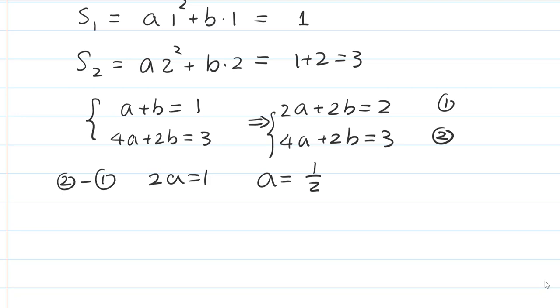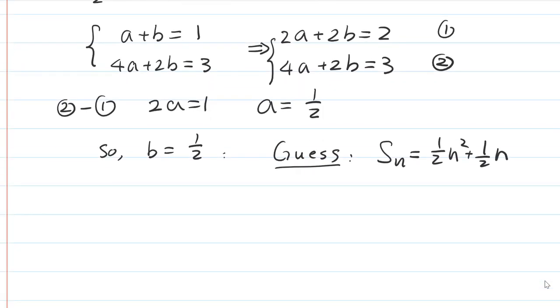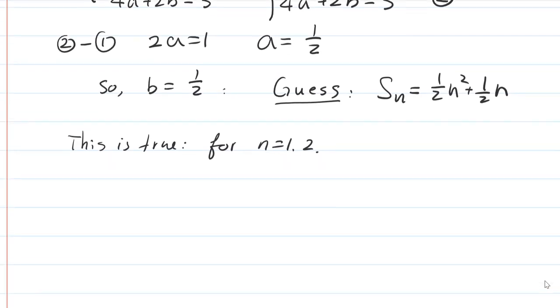If a is equal to 1/2, then b has to be also 1/2. So we have the formula, though again this is only a guess for the moment: Sn is equal to 1/2 n squared plus 1/2 n. We have verified that at least this formula is true for n is equal to 1 and 2 because we have just done it.